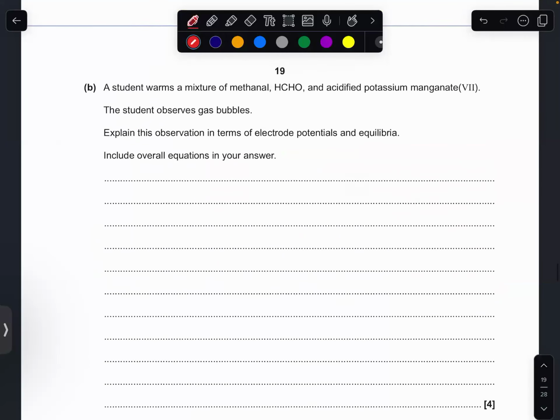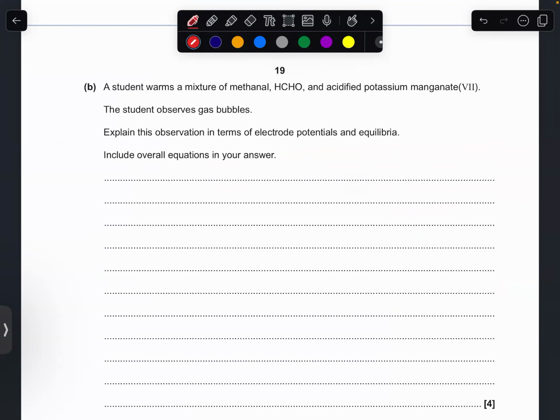Next question. A student warms a mixture of methanol with acidified potassium manganate solution. The student observes gas bubbles. Explain this observation in terms of electrode potential.